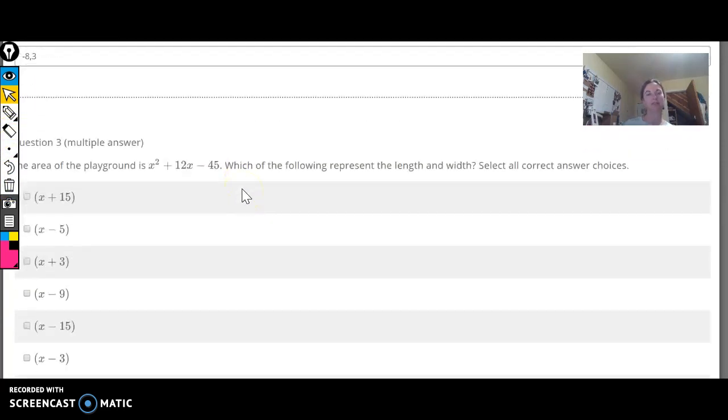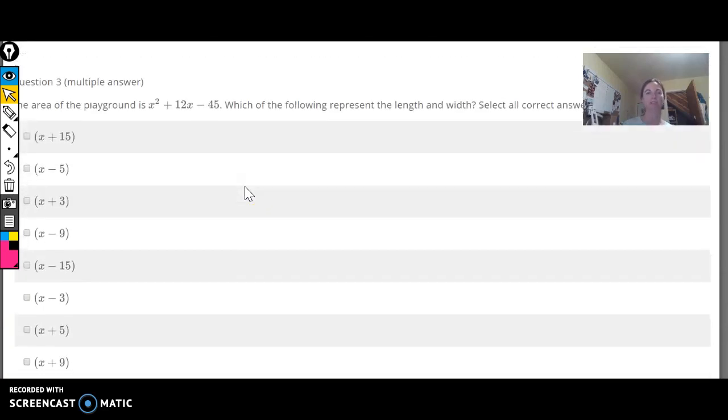The area of the playground is x squared plus 12x minus 45. Which of the following represent the length and the width? Okay, so remember, area equals length times width, right? And we know that a polynomial or a quadratic equation like this is the product of two binomials.